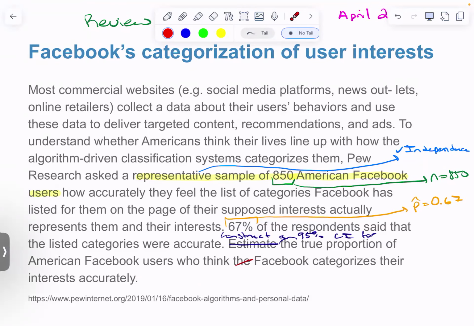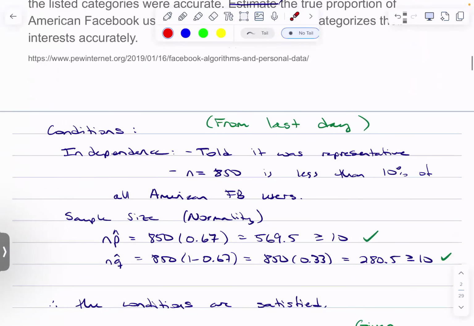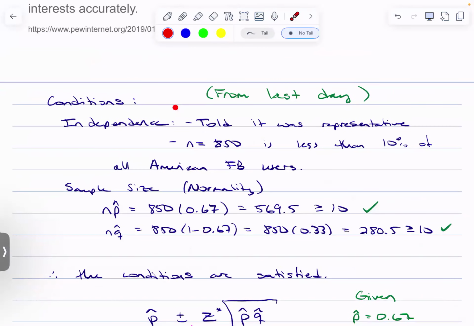And so we started off and we checked the conditions. This whole page is from last day, so you've already got it. The first condition that we check is independence. We are told that it was representative, which is the goal of the independence.